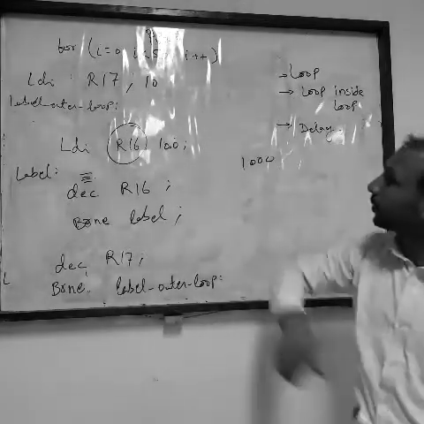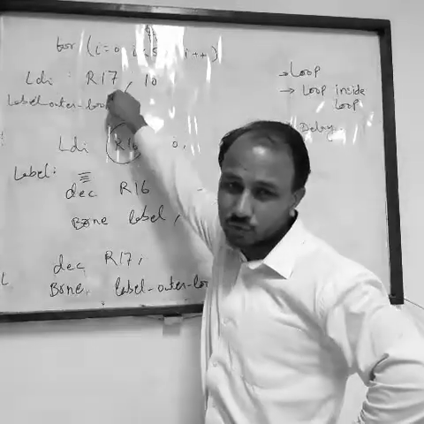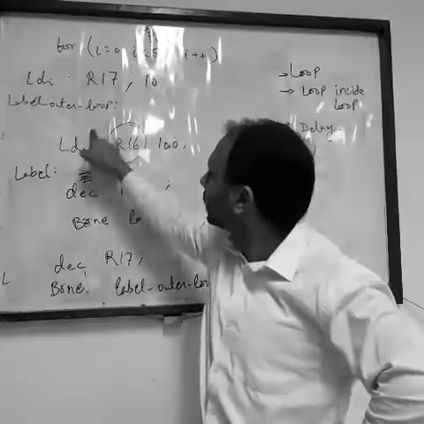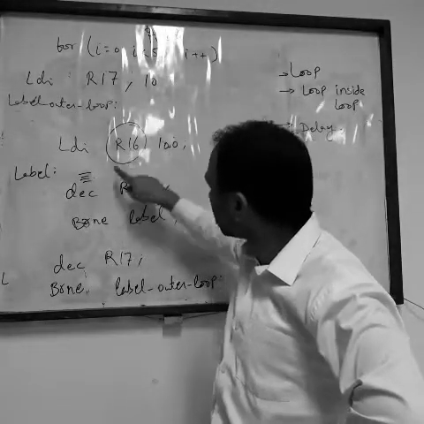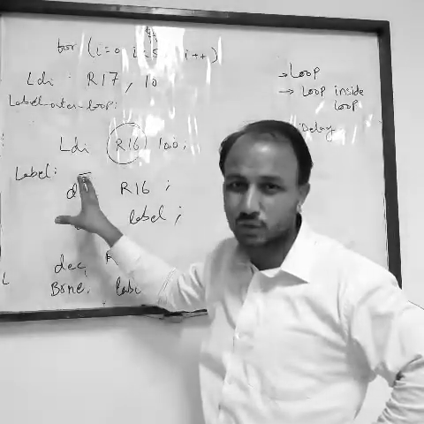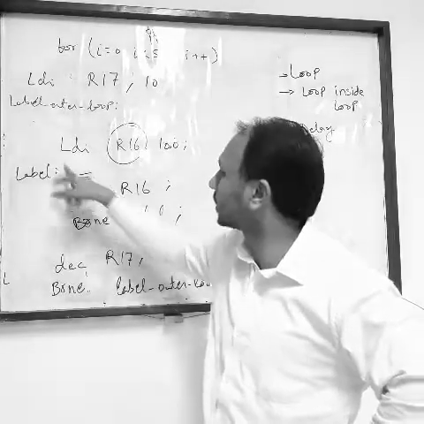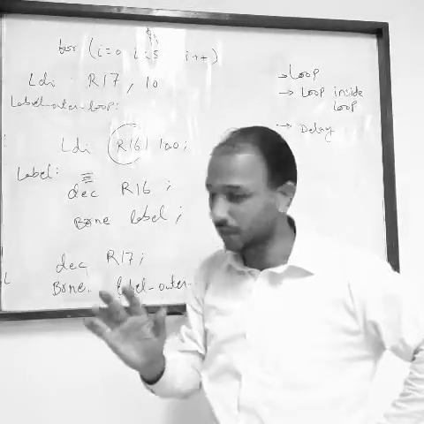So what will happen? Here I have loaded value 10 into R17. It will come here. This value is 100. This loop will get executed 100 times. So these 3 or 5 instructions will get repeated 100 times.